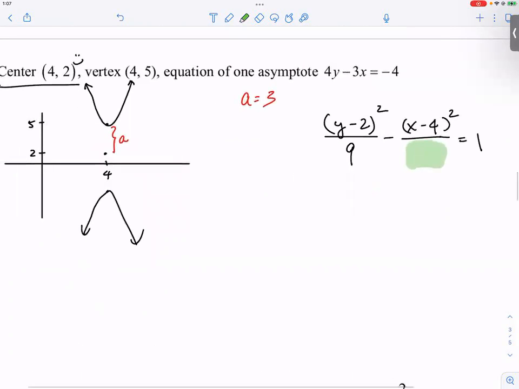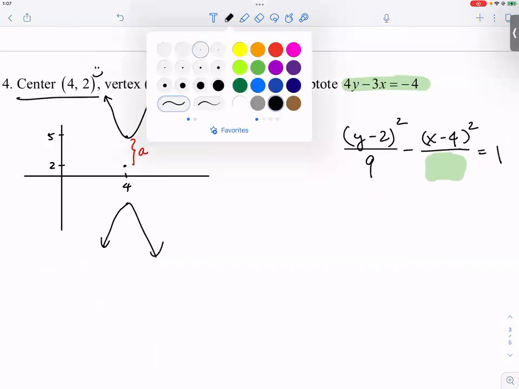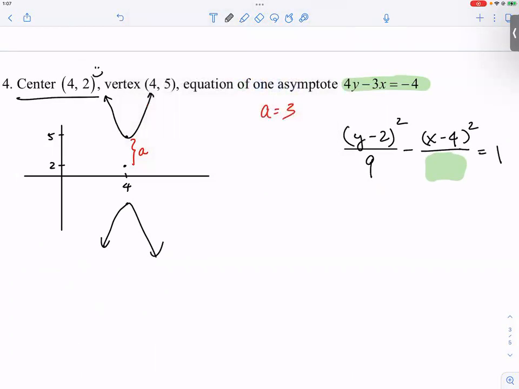But if you think about this equation, it is the asymptote right now. So what we should do is something hypothetical. Let's just say you know your B value and you draw your box. And because you draw a box, that means you can draw your asymptotes.